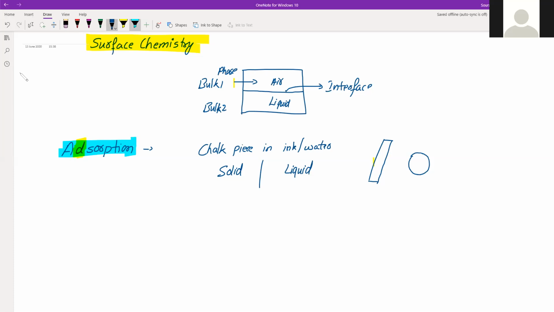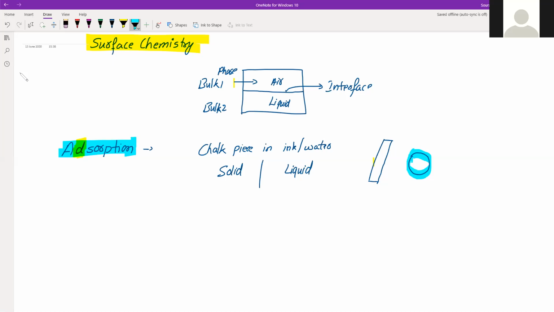The blue color will be there only on the surface or a little inside the surface, but there will be a mass of the chalk which will still be of white color like this. This is adsorption.